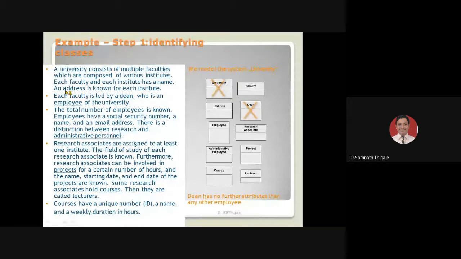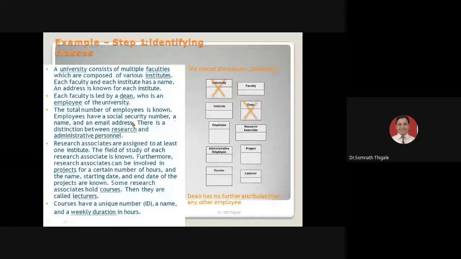Each faculty is led by a dean, meaning the same faculty assigns different roles, maybe as a lecturer, etc. So each faculty is led by a dean who is an employee of the university. So we will have an employee class. Total number of employees is known, so the exact number of employees will be specified.